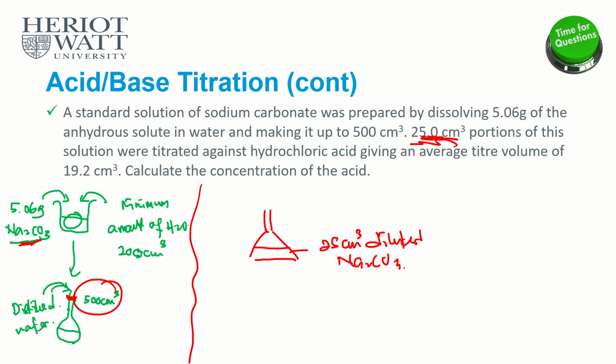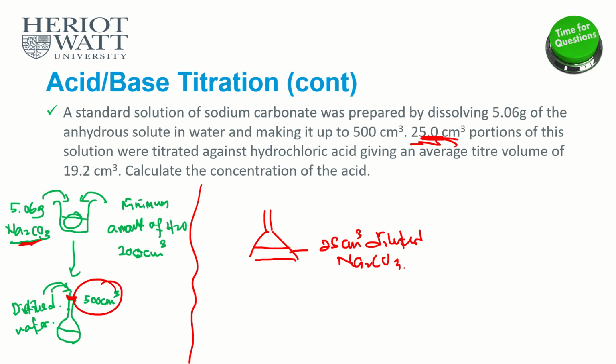How do I know we should transfer it into a conical flask? Because it gives us 25. Remember what I said? The thing with the fixed volume is usually in the conical flask. The one with the unknown volume, because it depends on the solutions, will be in the burette, because the burette is the one that changes in terms of volume. The conical flask is the one with unknown concentration.